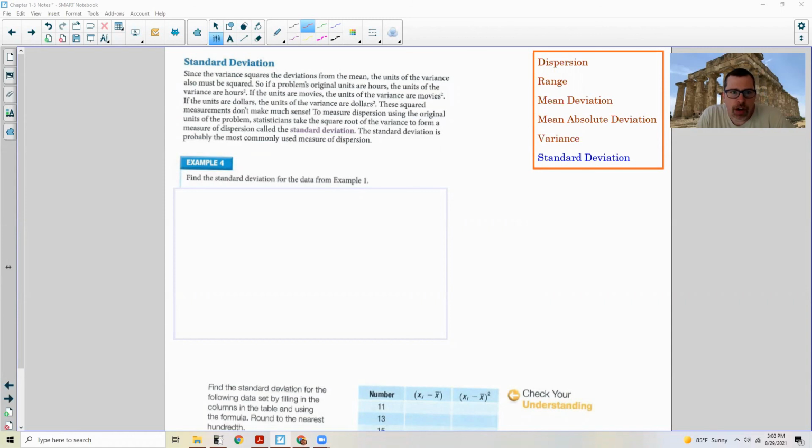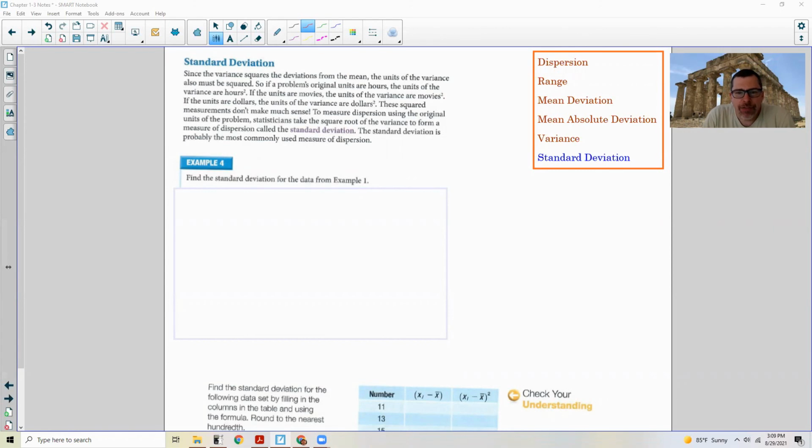If the units are dollars, the units of the variance are also dollars squared. These squared measurements don't make much sense. To measure dispersion using the original units of the problem, statisticians take the square root of the variance to form a measure of dispersion called the standard deviation.